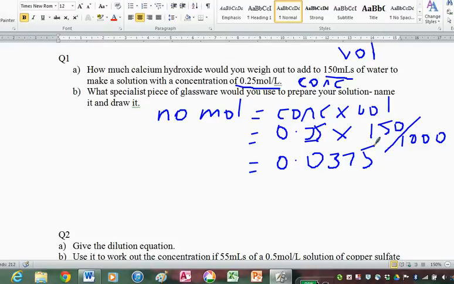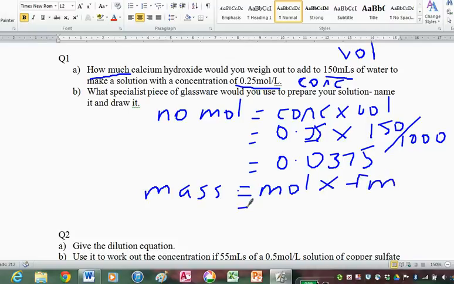We want to know how much. So how much is talking about the mass. So mass will be equal to the number of moles times the formula mass. So the answer from the previous step times the formula mass. Now what are we talking about?